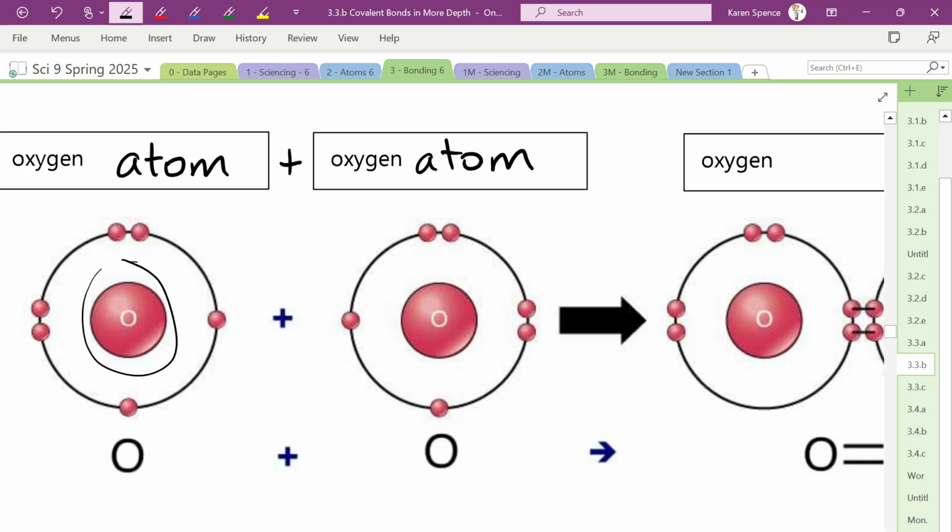There would be a shell in here with a couple of electrons on it, and we're just ignoring it. Because when atoms bond, they always bond with their outer electrons. So you don't really have to draw the inner ones. If you know that oxygen has 6 valence electrons, you can just draw 6 in the outer shell. How many gaps in oxygen? 2 gaps.